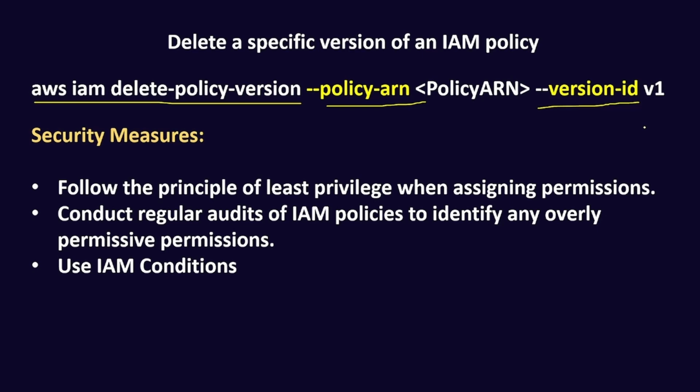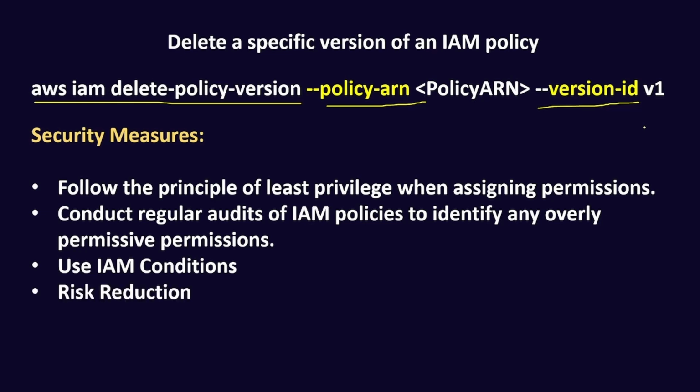And conditions basically allow you to define specific circumstances under which permissions are granted, such as time of day, source IP addresses, or the presence of multi-factor authentication, that is MFA. And by using conditions effectively, organizations can tailor permissions to their specific scenario or their specific need.